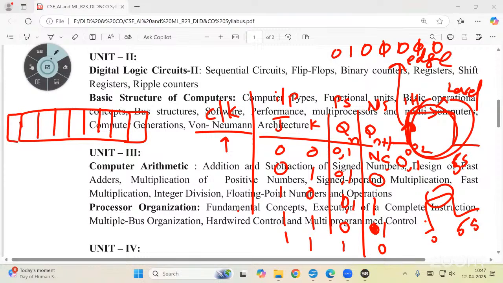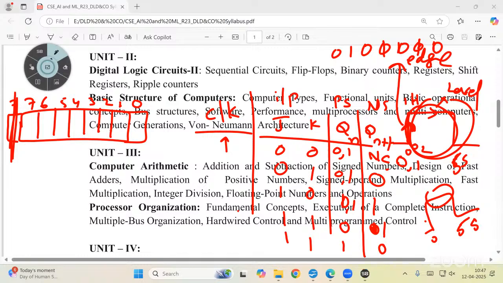This is flip-flop 1, flip-flop 2, 3, 4, up to 8 flip-flops. Now, this is called an 8-bit register, bits 0 to 7.